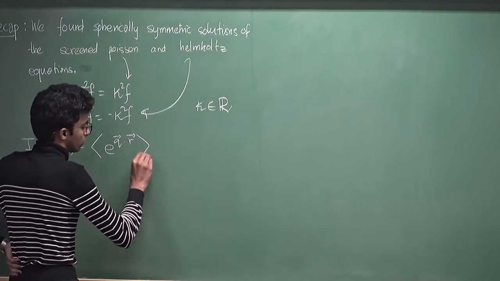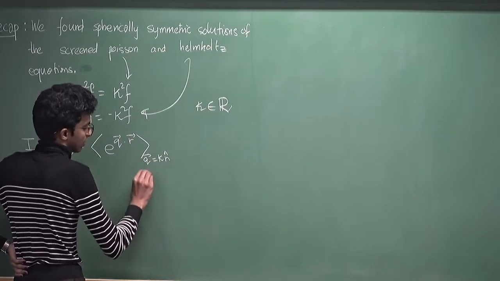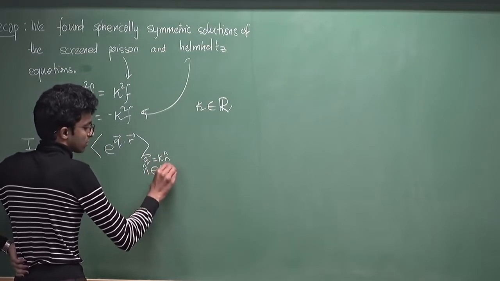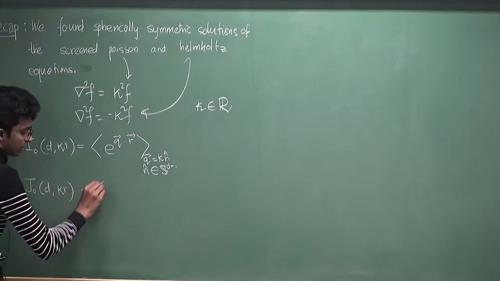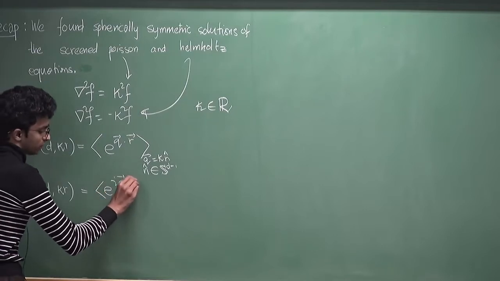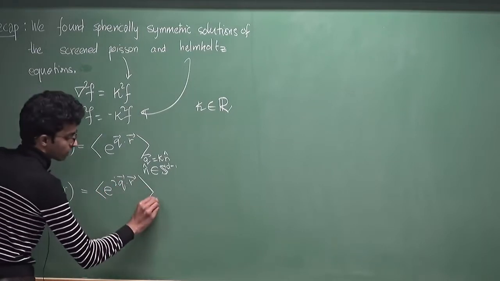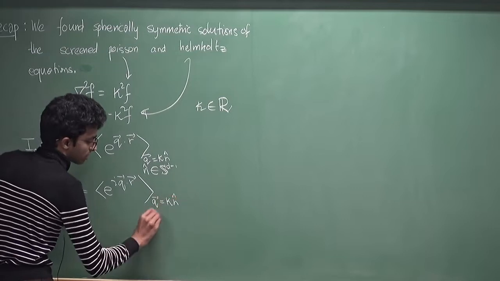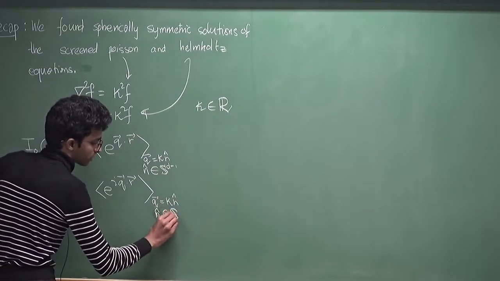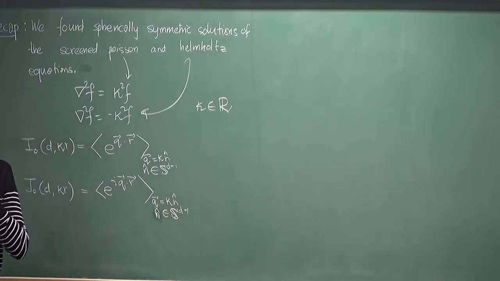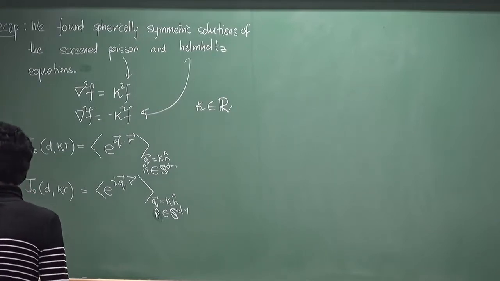So q is some kappa times n hat, where n hat belongs to the d minus 1 dimensional sphere, and J naught of d comma kappa r is the spherical average of e to the i q dot r, again with q equal to kappa n hat, such that n hat belongs to S^(d-1).